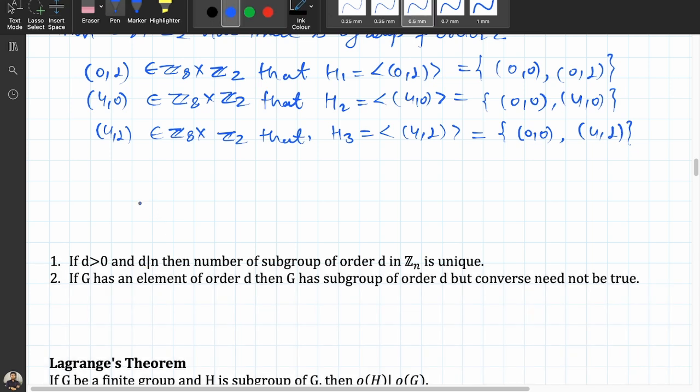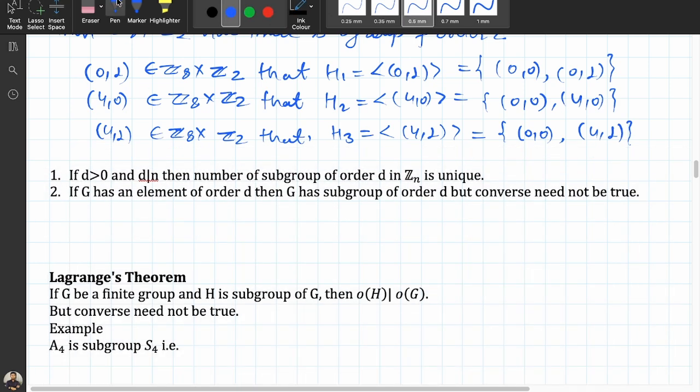Now some results are there. We'll see. If D is greater than 0 and D divides N, then the number of subgroups of order D in Zn is unique.